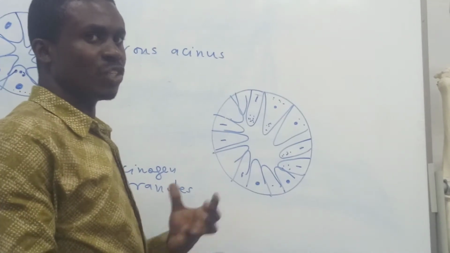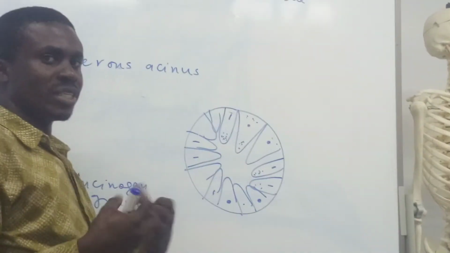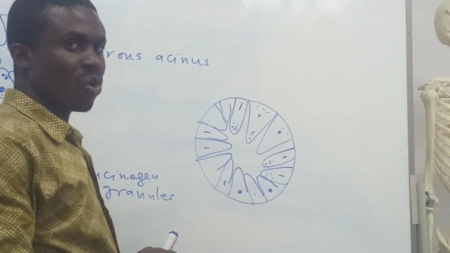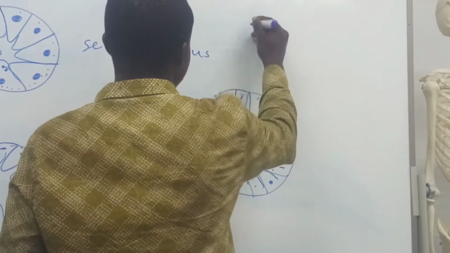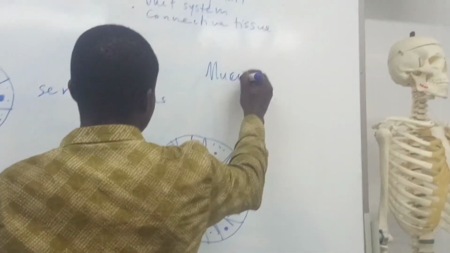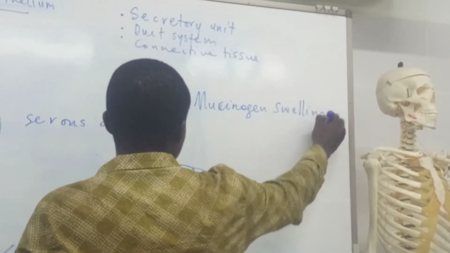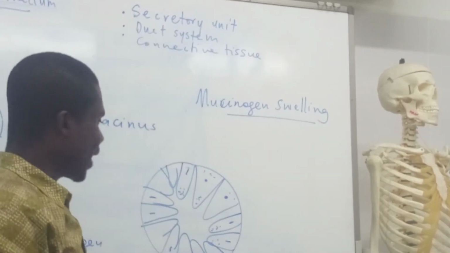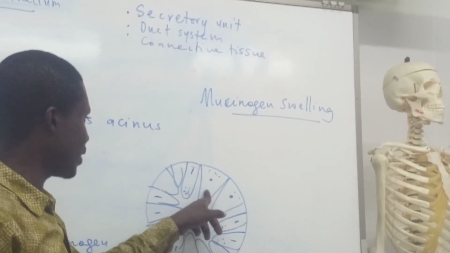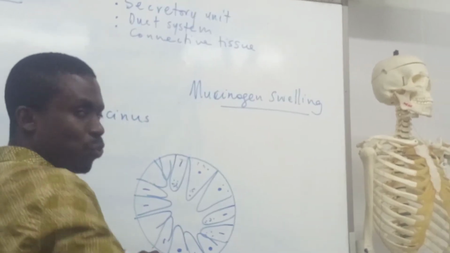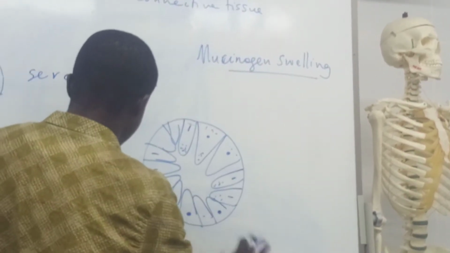Now, during tissue preparation, these zymogen granules begin to take in more water. When they take in more water, they swell, in a process known as mucinogen swelling. When mucinogen swelling occurs in these columnar shaped mucous secretory cells, they begin to push the nuclei inferiorly.